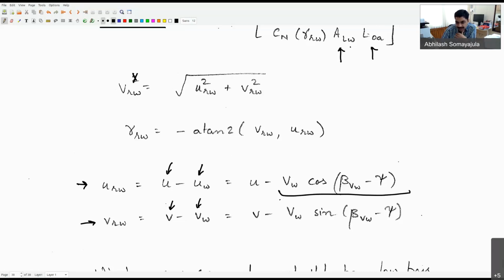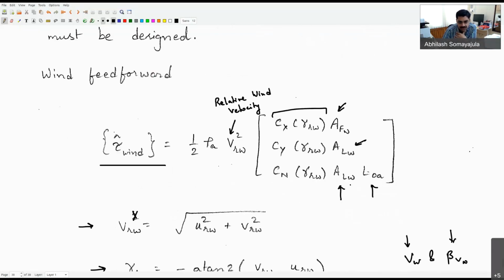So basically we are measuring VW and beta VW, wind speed and wind direction. Based on that, we can compute all of these quantities, plug them in to compute these values, and then use them to compute the estimated wind force. That is how we are estimating the wind forces from the system.